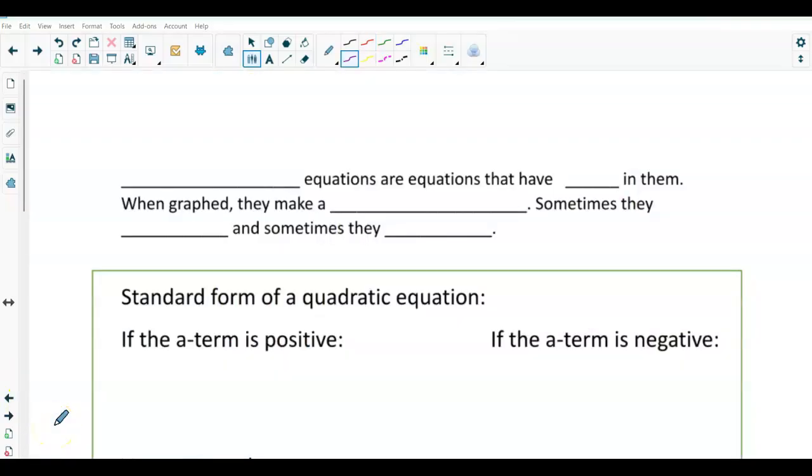We are going to specifically talk about quadratic equations. And those are equations that have x squared in them. So we did a factoring unit. Factoring will come back to this later. But for now, you see an x squared, it's called a quadratic equation. When graphed, they make a parabola.